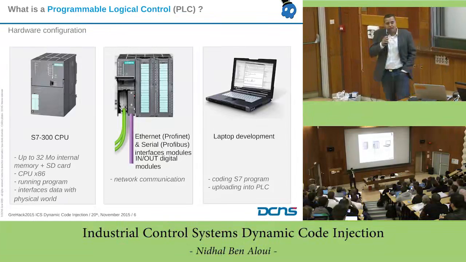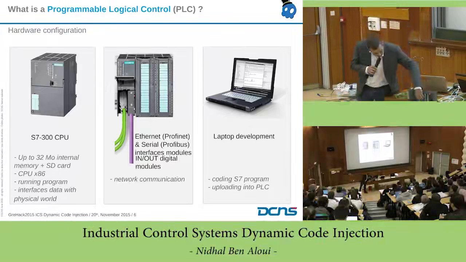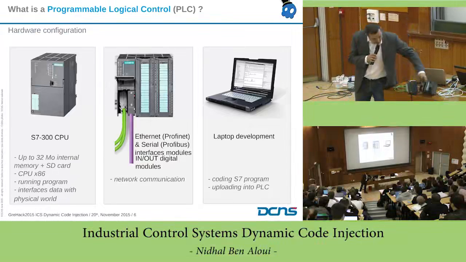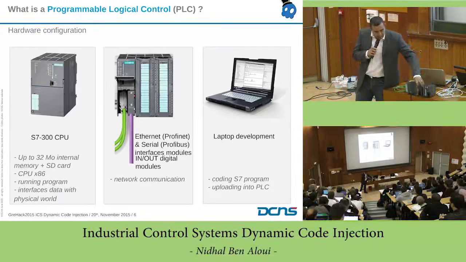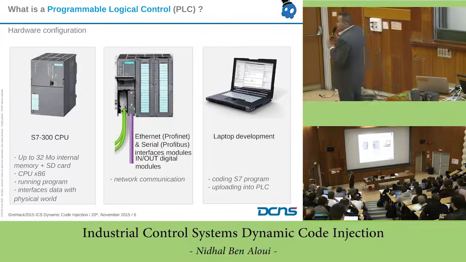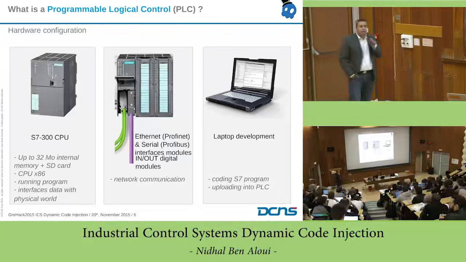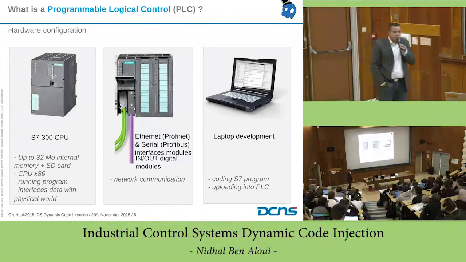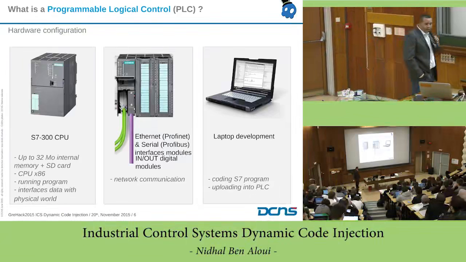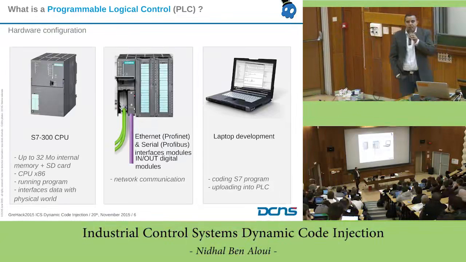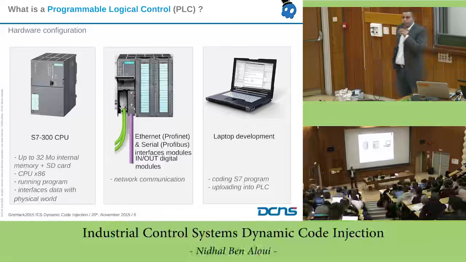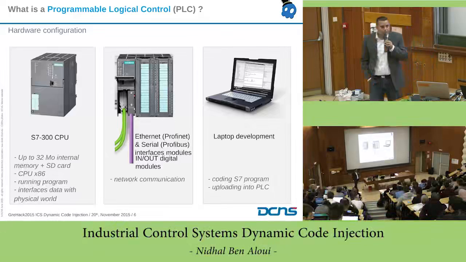You can also use a serial bus to communicate with the CPU here. We have two kinds of communication protocol. MPI, this is a specific communication protocol with a specific Siemens serial cable, and you can also use the Modbus protocol.